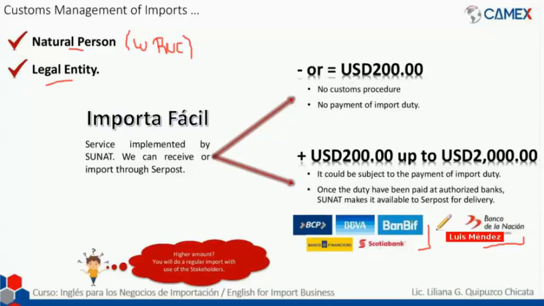On the other ones, we can just give the number that it says on the paper or the notification that we're going to receive. So this is the easiest way of import, and we can handle the procedure of import ourselves.